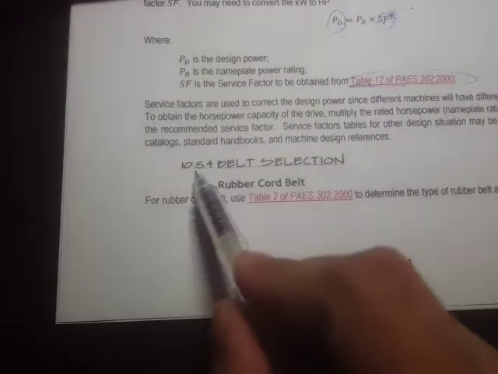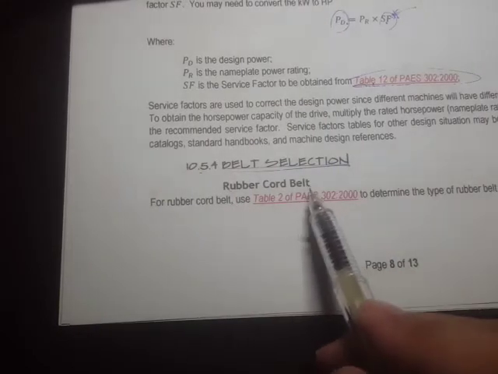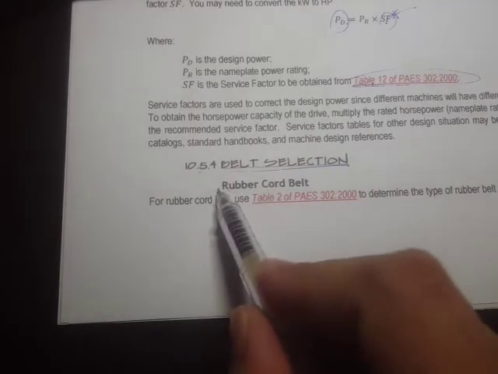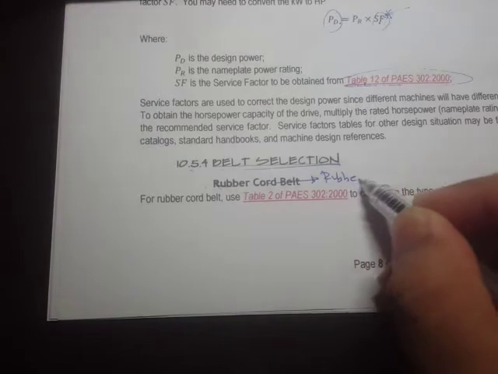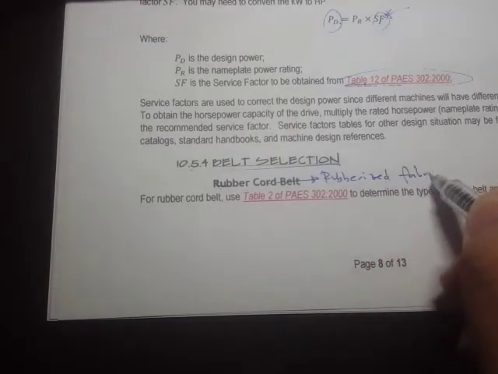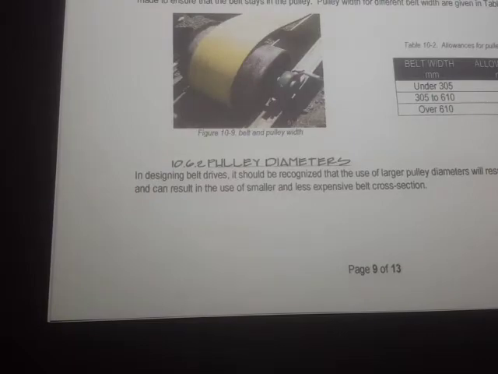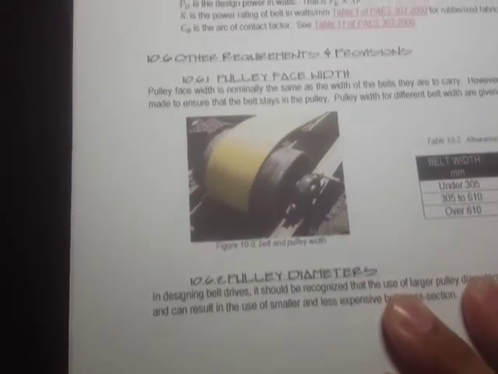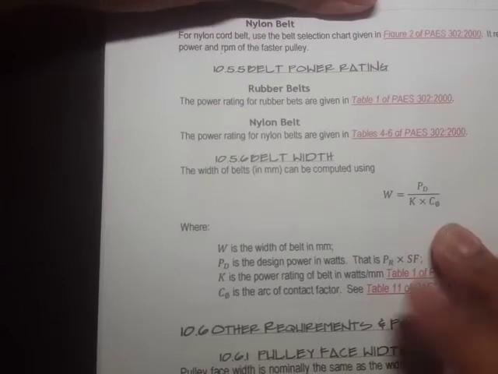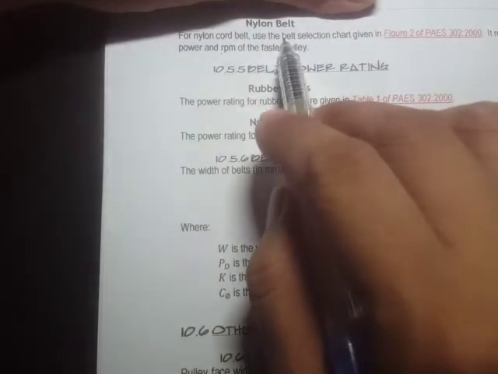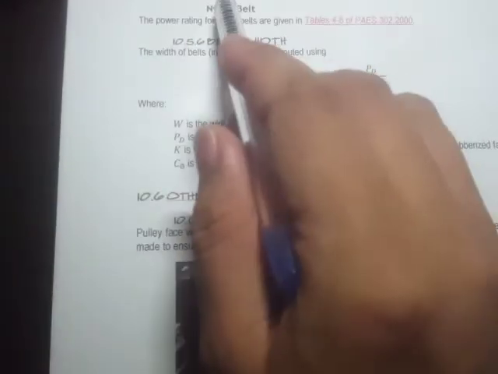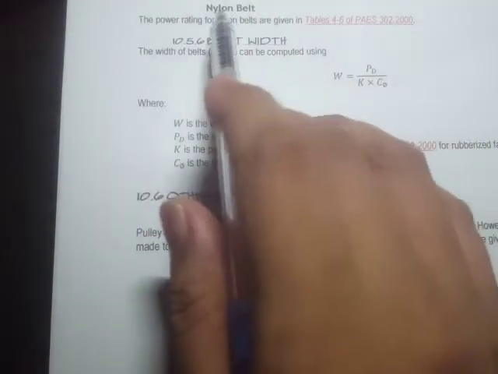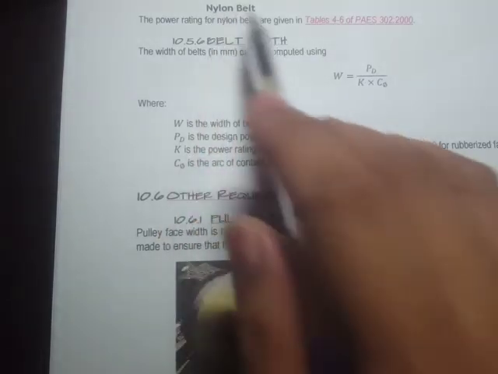And for belt selection, we have different procedures for rubber cord belts, which is the same as the rubberized fabric, and for nylon belts. We'll have a different procedure for that, and power tables for the rubber belts and a separate table for the nylon belts.